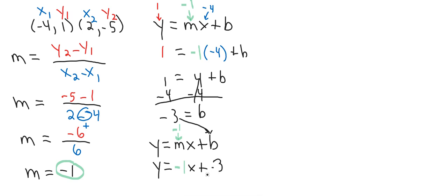Or if you want to simplify that, it's just y equals negative x minus 3. So that's slope-intercept form.